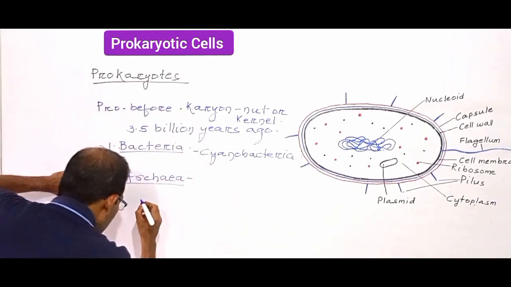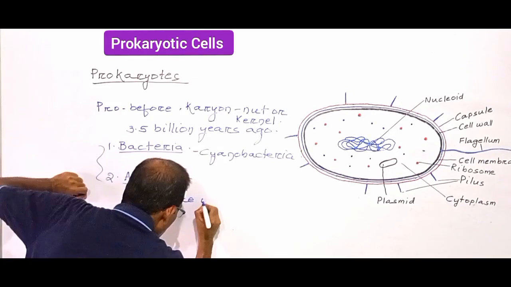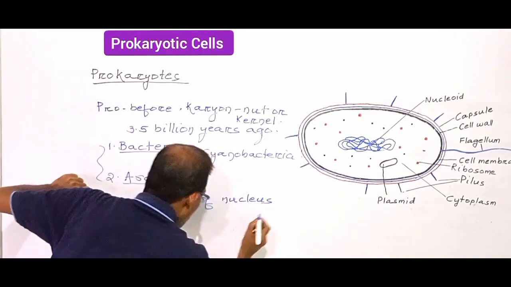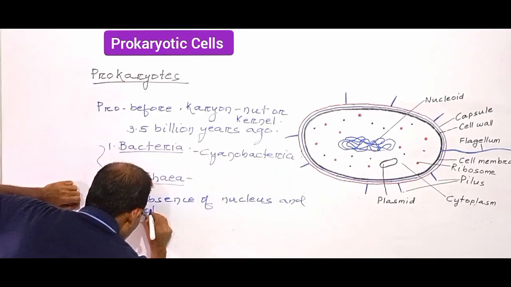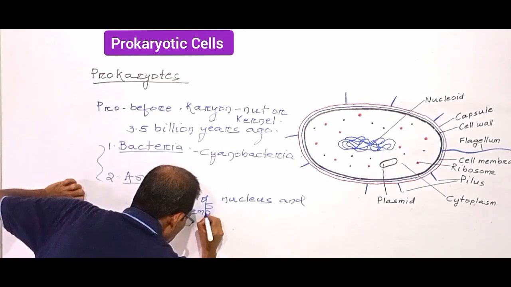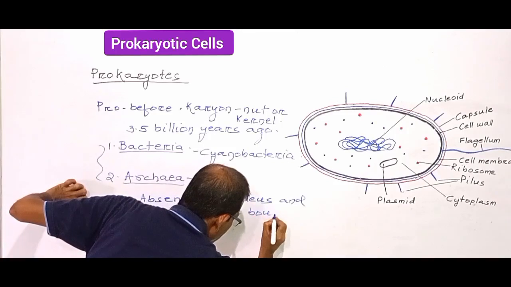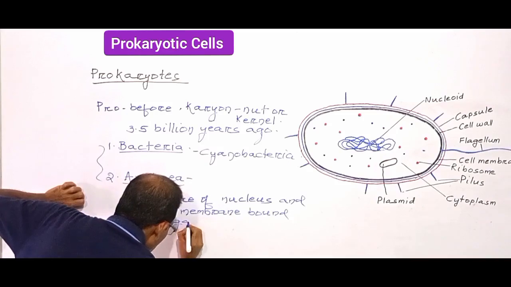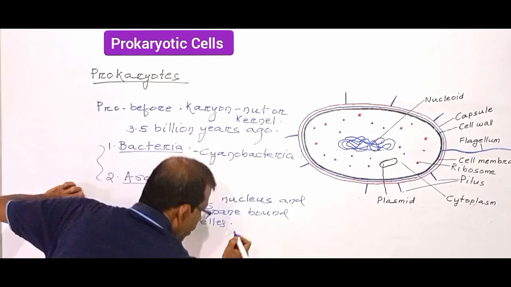Prokaryotic cells are characterized by the absence of nucleus and other membrane-bound organelles such as mitochondria, endoplasmic reticulum, Golgi complex and others.